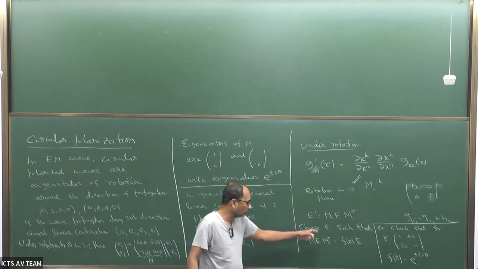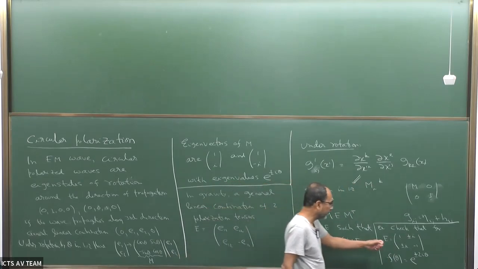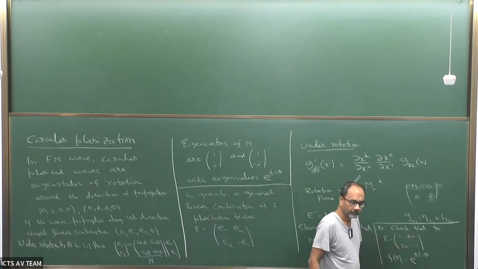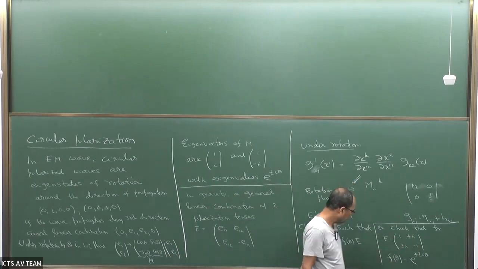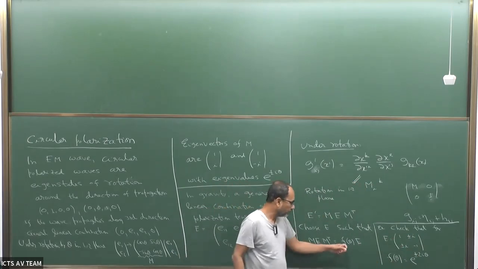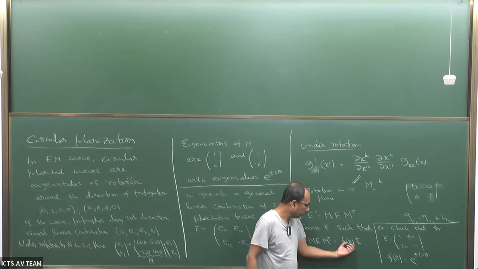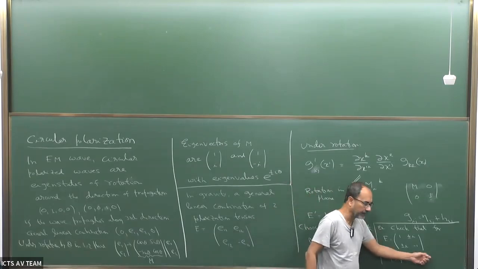It's a set of linear equations, so you can easily solve for what E should be. And what you can show is that if you choose E to be this, since I have given the answer, it's easy to check. Just substitute here, on the left hand side, and you will find that we get a matrix which is again proportional to E. The constant of proportionality is e to the plus minus 2 i theta.